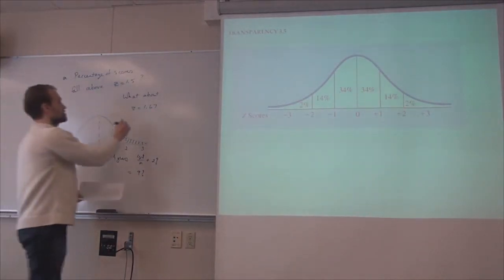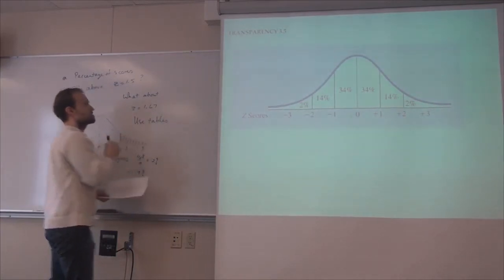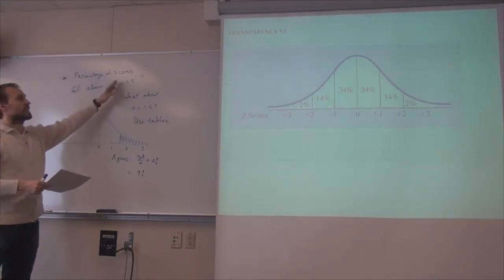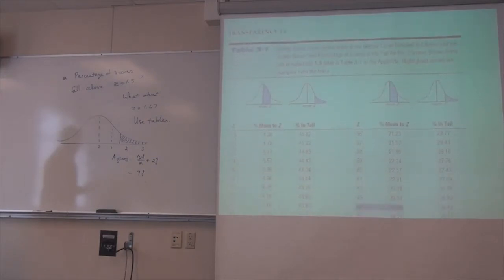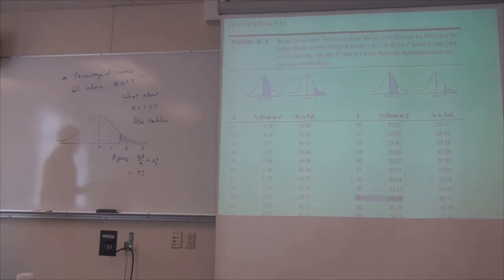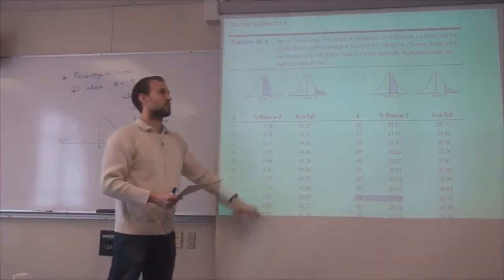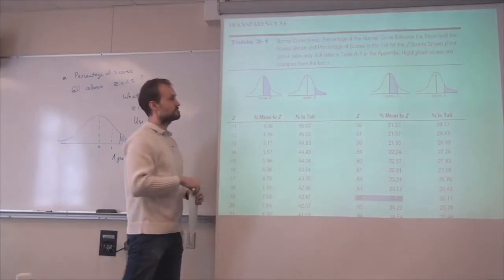So we can use tables of values that have already been calculated to help me find the answers for any other kinds of Z values. The table is in the back of your textbook as well. That contains the whole thing across, I think, 3 pages. These are just some of them.